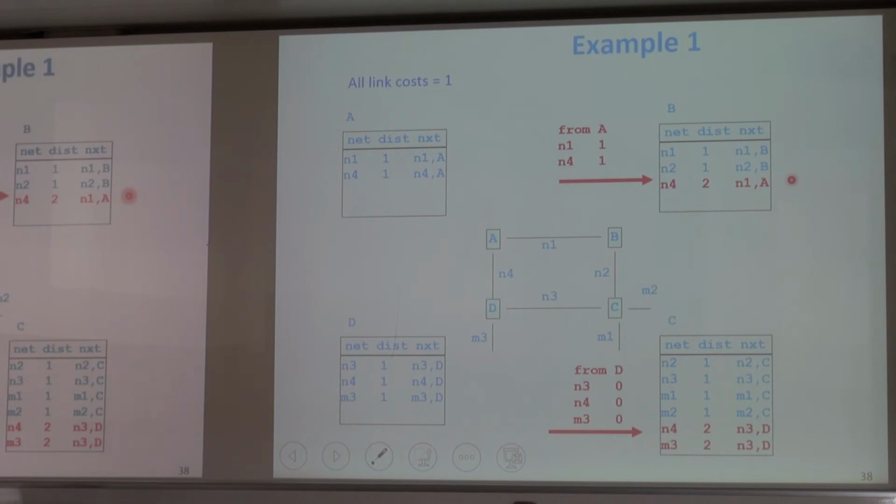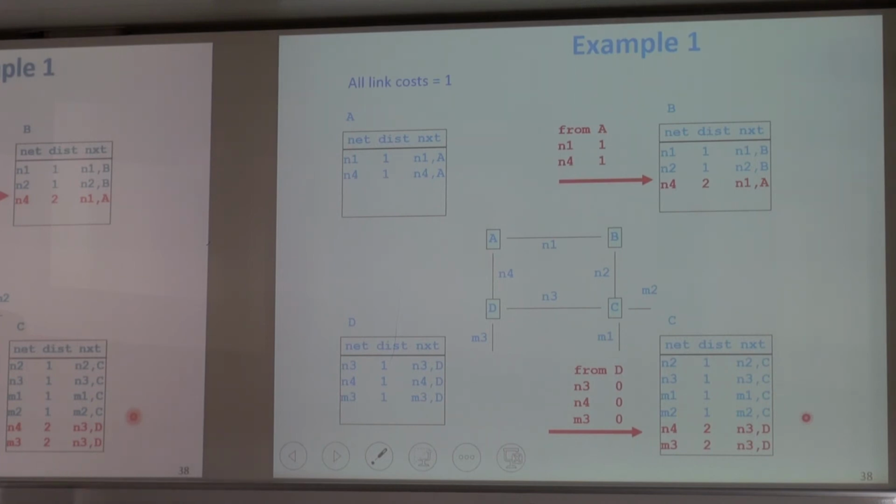And similarly at C, so we see that after receiving 2 messages, the routing tables are growing. And then the next thing will be C will send all of this routing table to B and to D. And now B and D will compare for each of those 6 lines what they have. They will say, is it coming from the next hop, in which case I adopt it, or not, in which case I compare to what I had before.